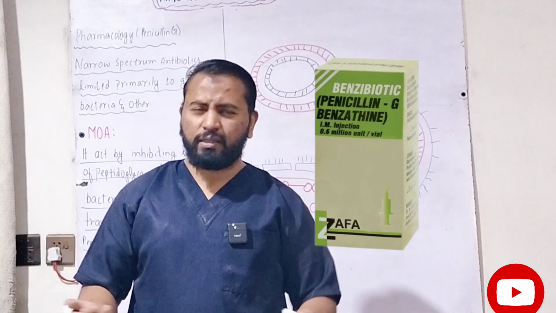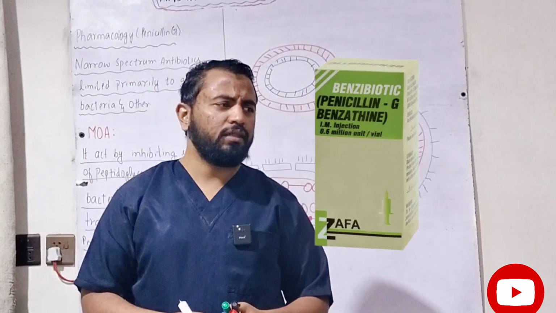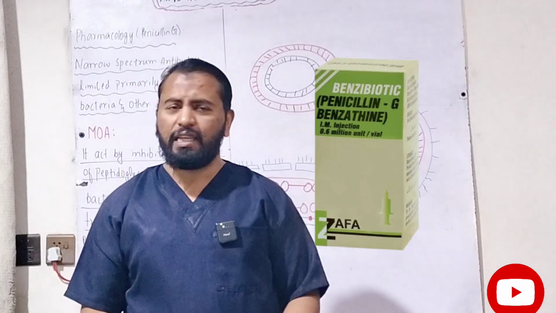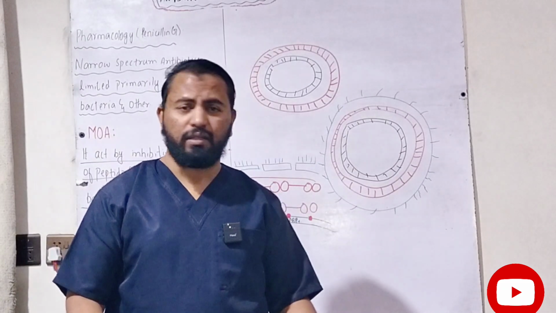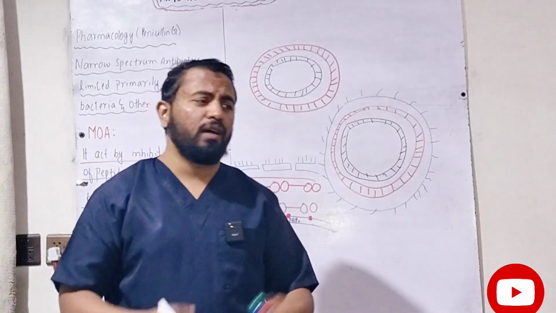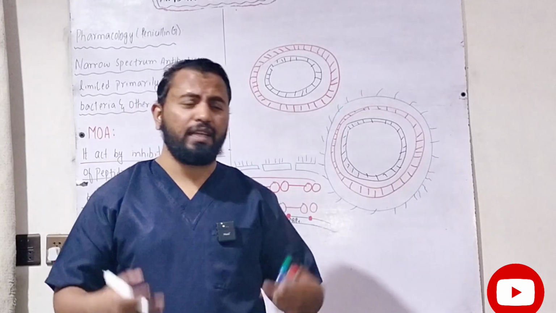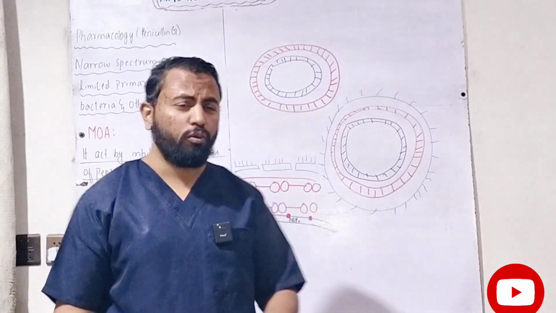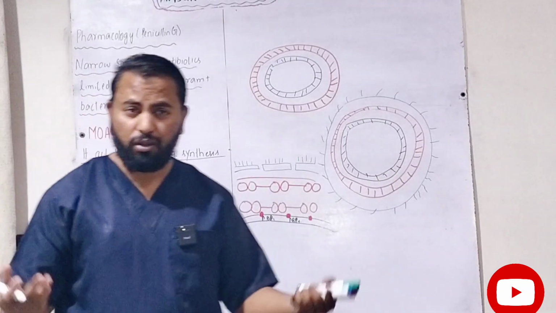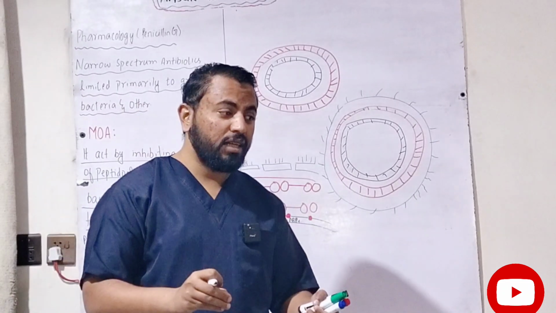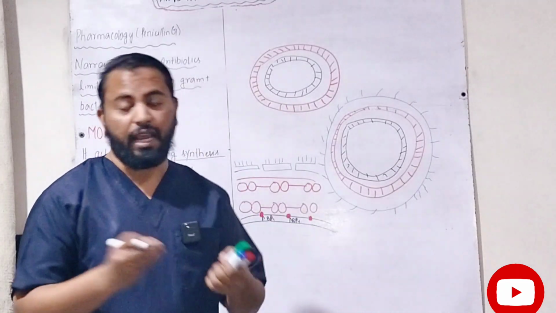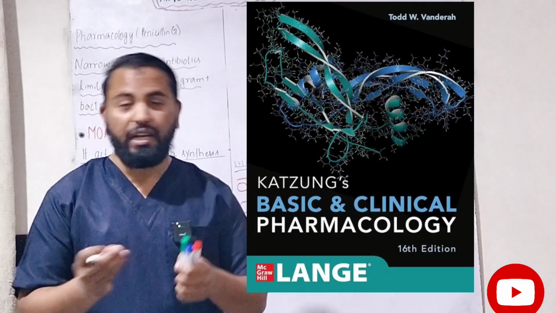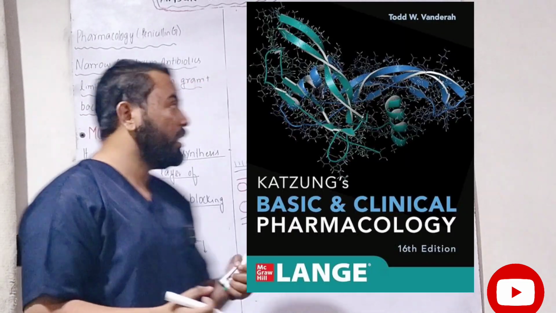There is a different spectrum, broad spectrum, and we can say penicillin G, penicillin V. There is a lower third class, basically amoxicillin, ampicillin, ticarcillin, piperacillin, and other different antibiotics in the market and in the pharmacology book. We can study this lecture from Katzung's pharmacology and different books.